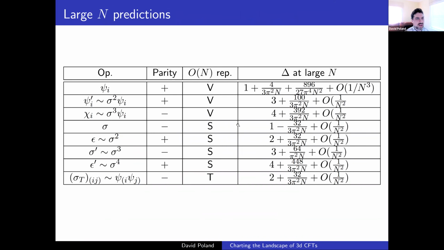This is just to show you that for the operators in these Gross-Neveu-Yukawa theories, we know what the operators do at large n. Here I'm just showing some of the leading large n predictions. In many cases, we know the next order correction as well, but it doesn't fit nicely on a slide.